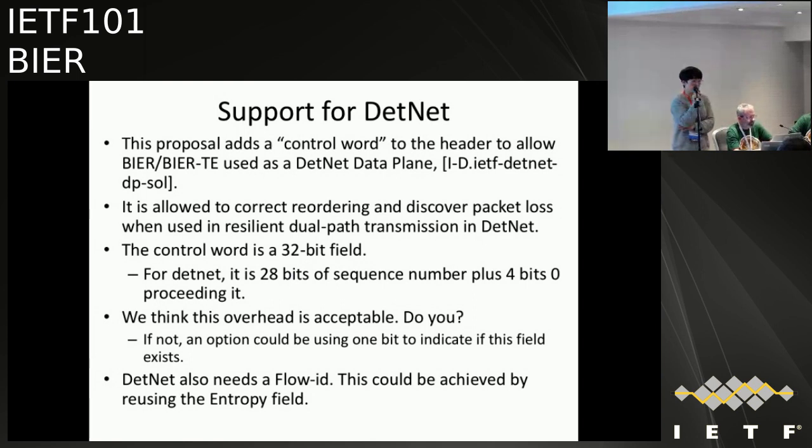The sequence number is used for correct ordering and discovering packet loss when using resilient dual-path transmission in DetNet. As authors, we think this overhead is acceptable, but even if some people think that in some cases other than DetNet this field is useless, maybe an option could be to use one bit to indicate whether the field exists or not.